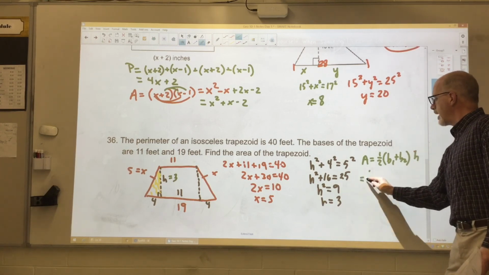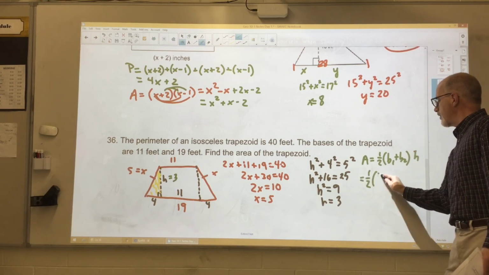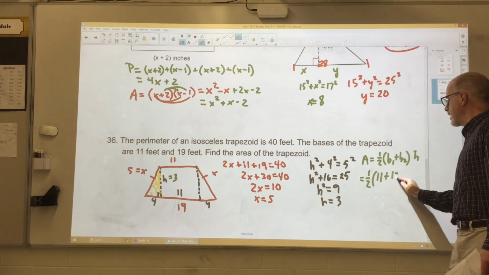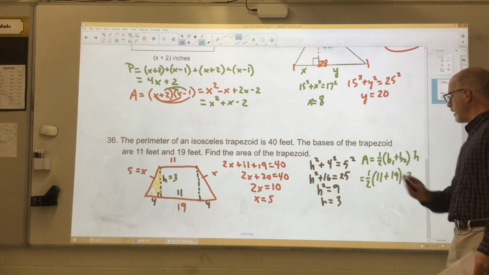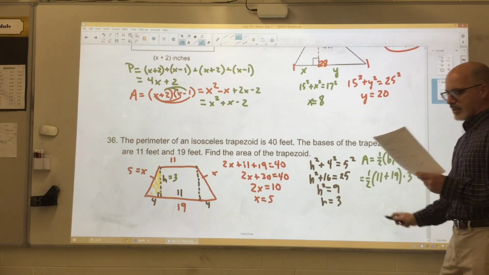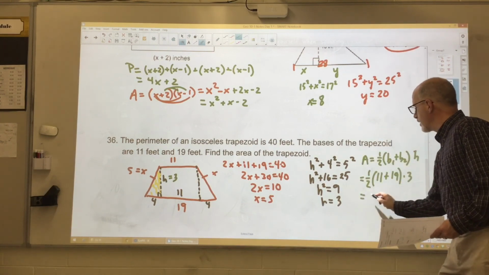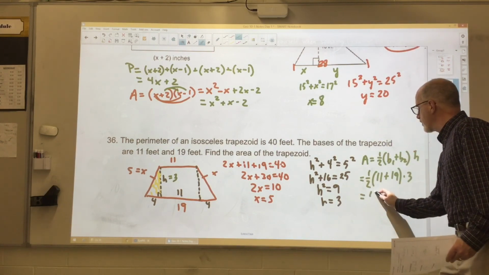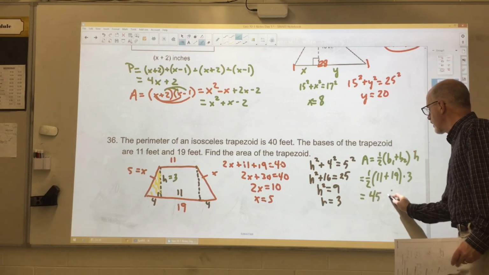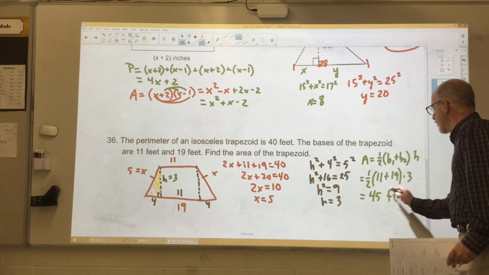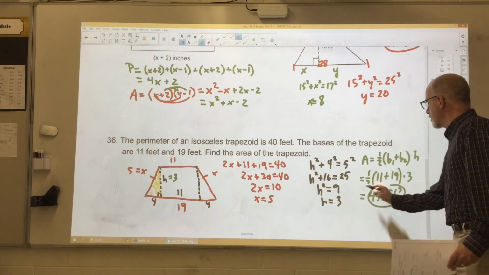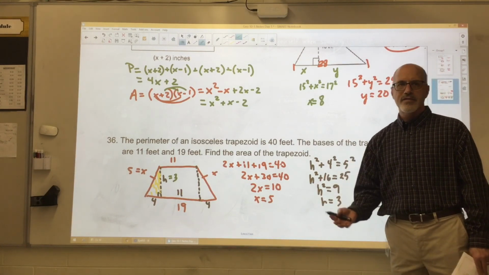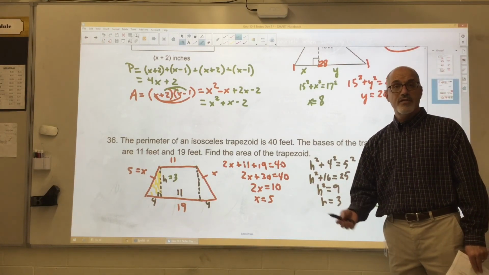So I get 1/2 of 11 plus 19 times 3. If I do that on my calculator, I get 45 square feet for my answer. So there are our formulas for all these different ones and how to figure out some different problems.